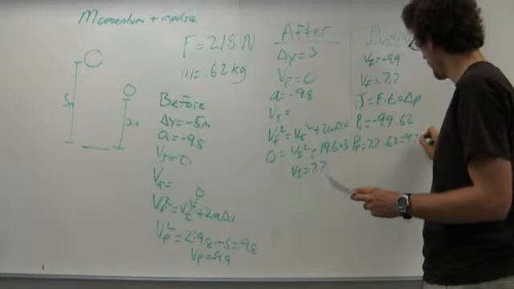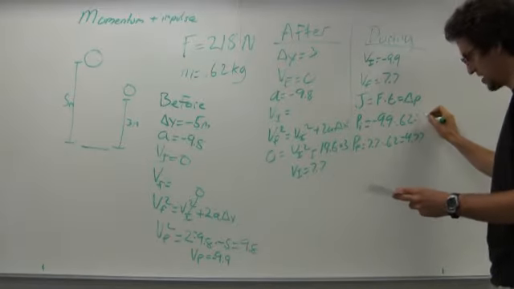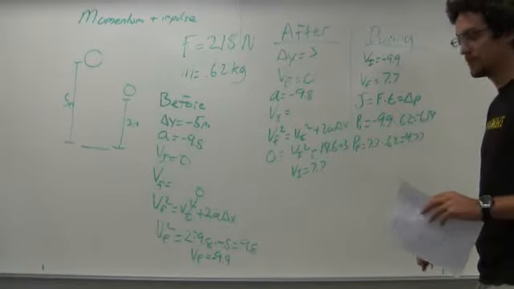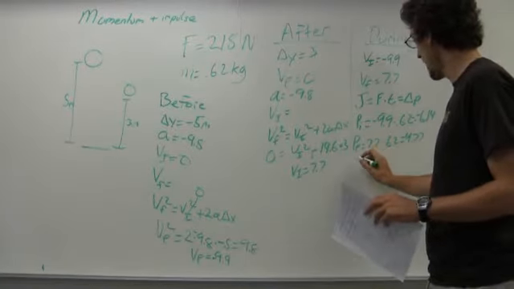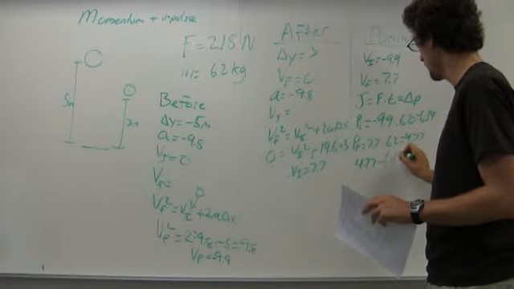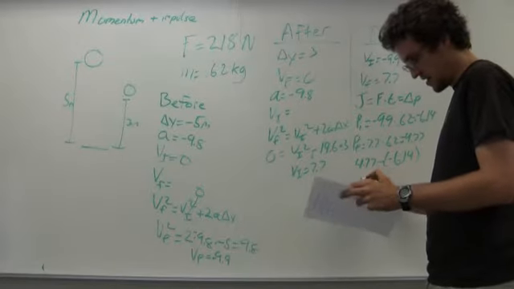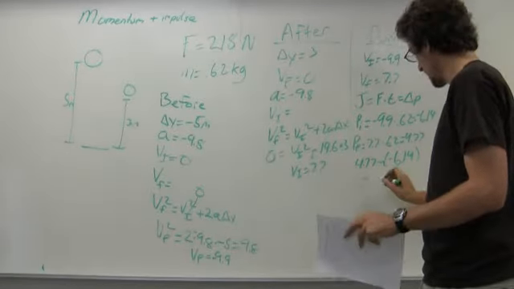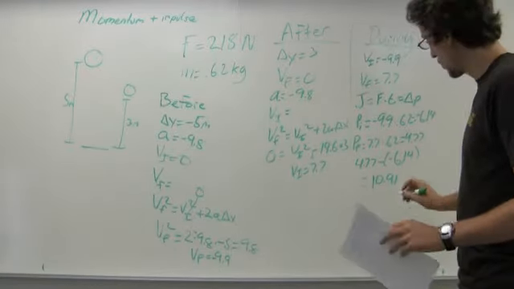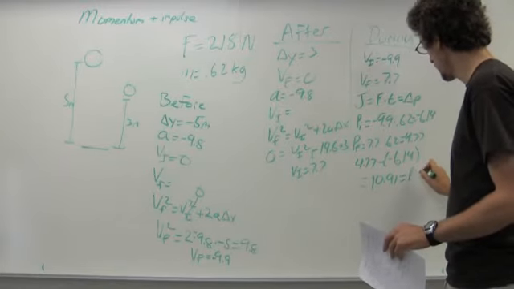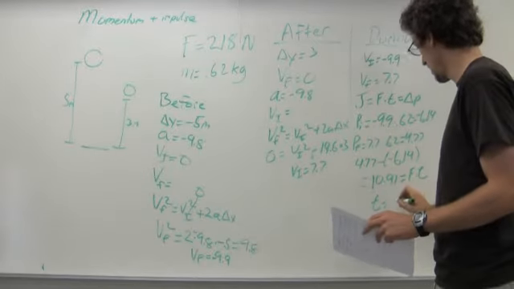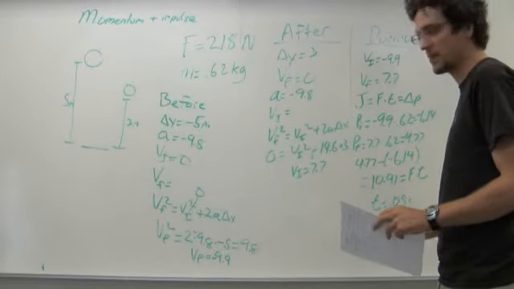Those things are going to come out to be 4.77 for the final, and -6.14. Now, for a change in momentum, we're going to have 4.77 minus -6.14. And that's going to give us 10.91. We then equate that to force times time, and we get a time of just over 0.05 seconds.